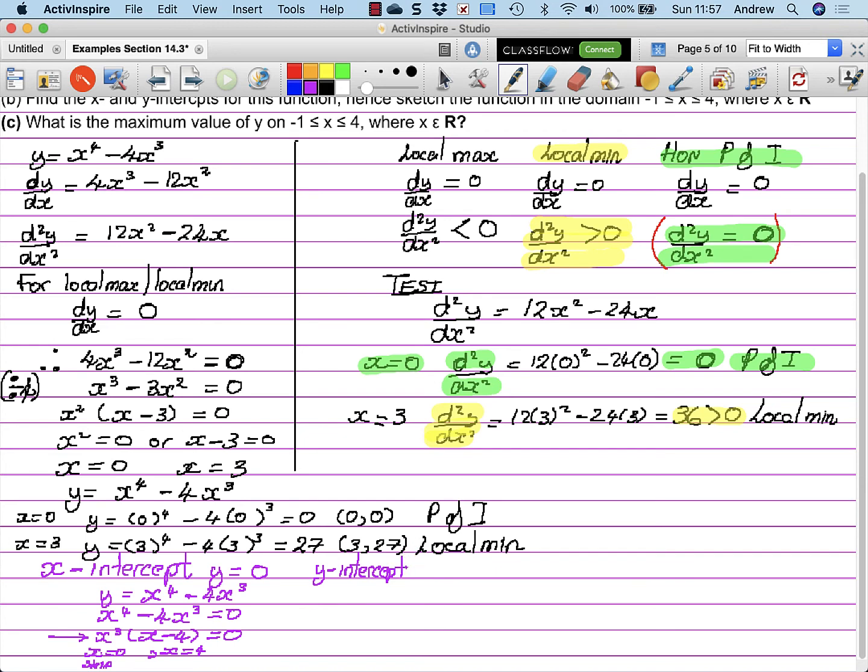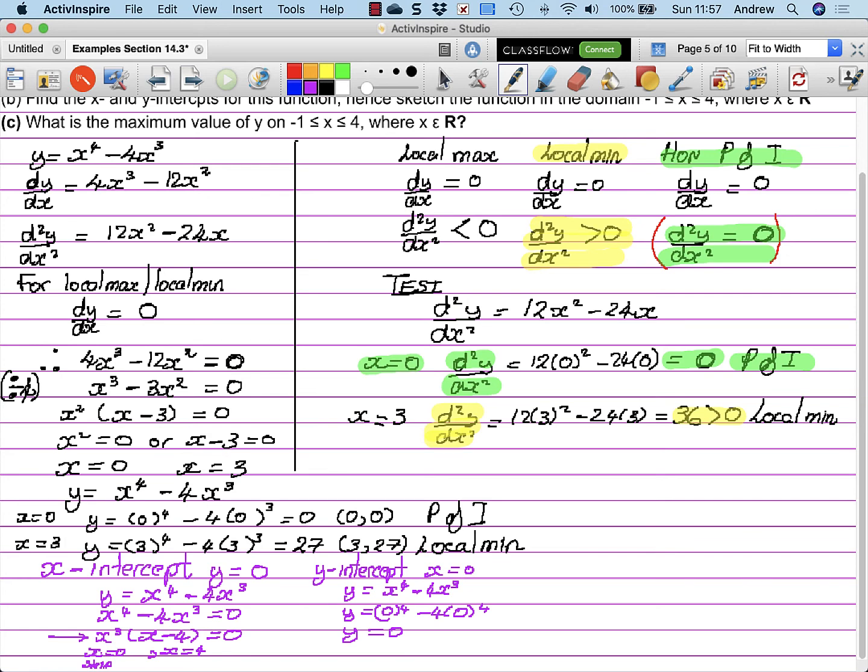The y-intercept is when x is equal to 0. So we've got y is equal to x to the power of 4 minus 4x cubed. So we've got x is equal to 0. So we've got 0 to the power of 4 minus 4 on 0 to the power of 3. So therefore we've got y is equal to 0.